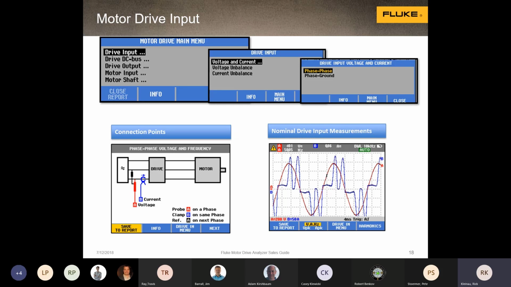But the output of a VFD, the V in VFD is variable frequency. So that's why you can't use the PowerLoggers on the output.